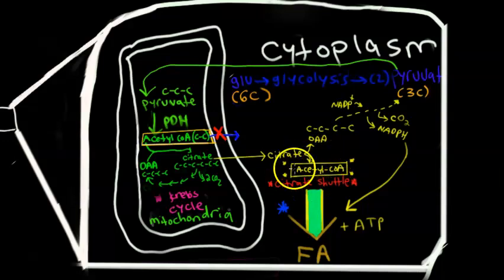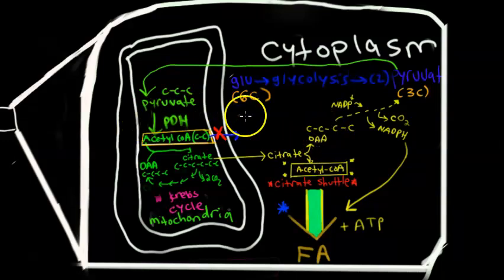And that's how we get the acetyl-CoA that we need for the fatty acid synthesis in the cytoplasm. This process is known as the citrate shuttle. So the citrate can go from the mitochondria into the cytoplasm and then be broken back into acetyl-CoA and oxaloacetate.